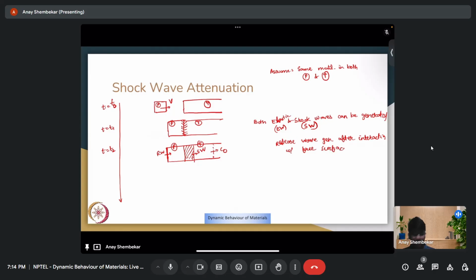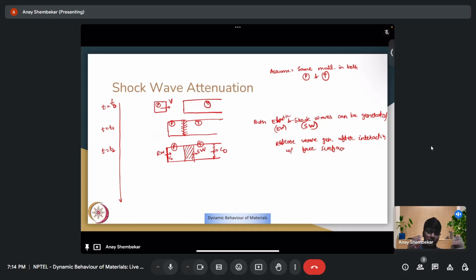So the release wave will basically make the stresses zero. The release wave will be an elastic wave with velocity c naught, again same material. So that release wave will slowly start catching up to the shock wave. Notice at this point that your release wave is at the free surface with c naught, whereas there is another elastic wave moving into the target with c naught.